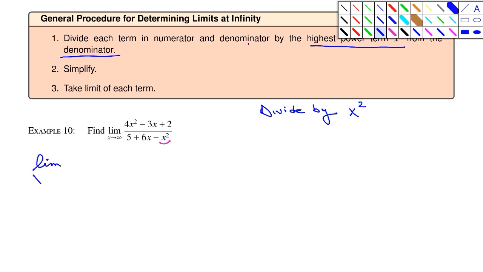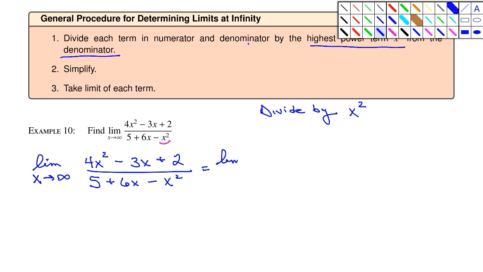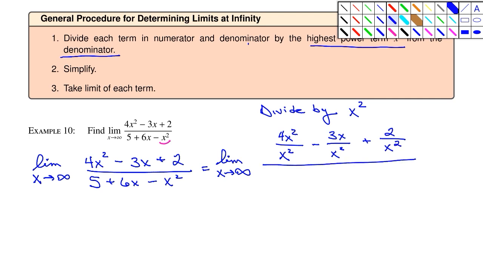So the limit as x goes to infinity of 4x squared minus 3x plus 2 divided by 5 plus 6x minus x squared is equal to the limit as x goes to infinity of 4x squared divided by x squared, minus 3x over x squared, plus 2 divided by x squared. This would be a really big one here.